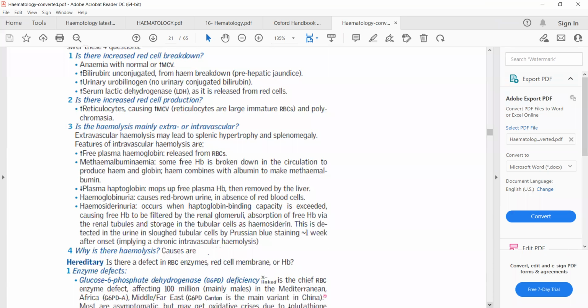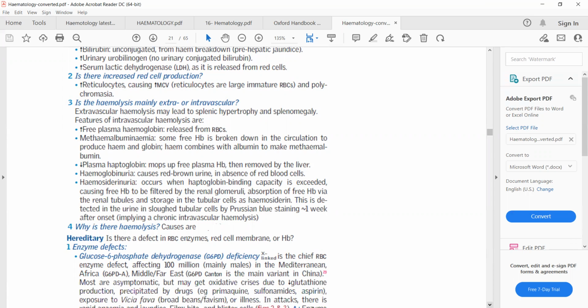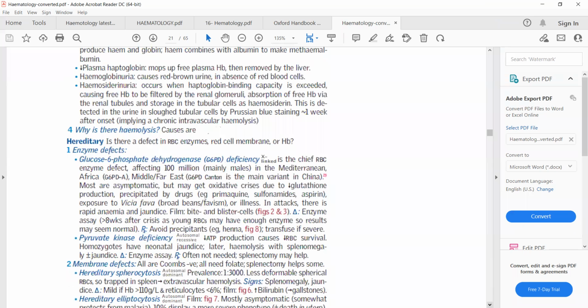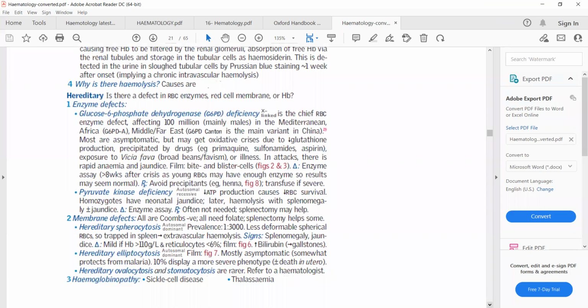So now we will discuss some causes of hemolysis, that is, why hemolysis occurs in the body. There are three things you need to remember as causes of hemolysis.